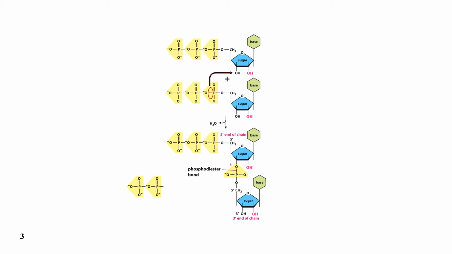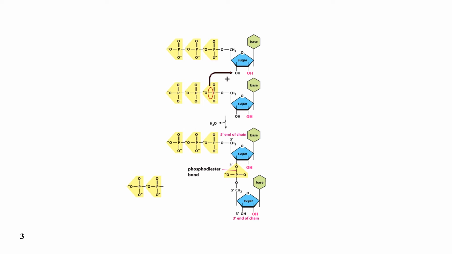So here is the alpha phosphate that is attached to an oxygen attached to the 3' carbon. That phosphate is also attached to the oxygen that is attached to the 5' carbon of the other, the second nucleotide.